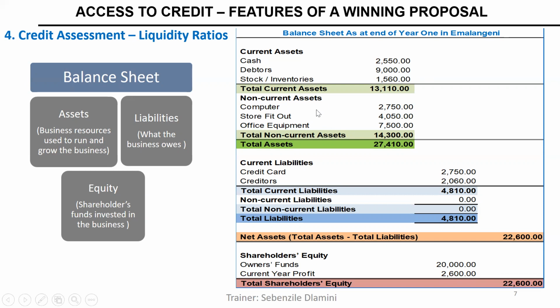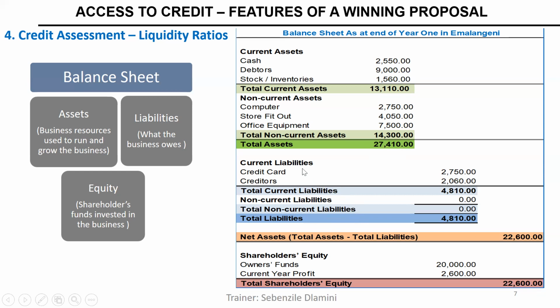Non-current assets include equipment, fittings, computers, or other machinery. In this case, the total assets are 27,000 emalangeni 410. You also have liabilities.